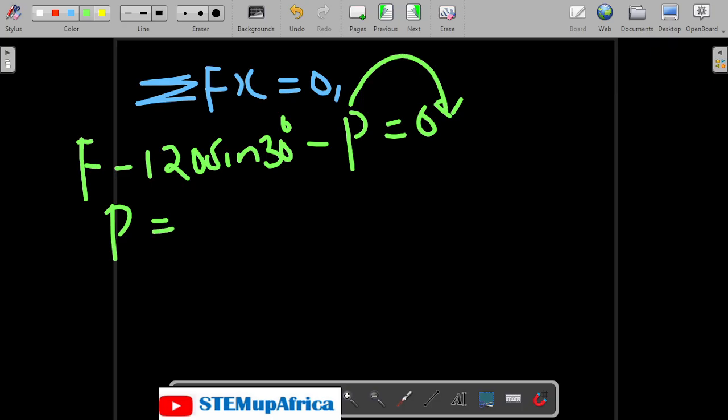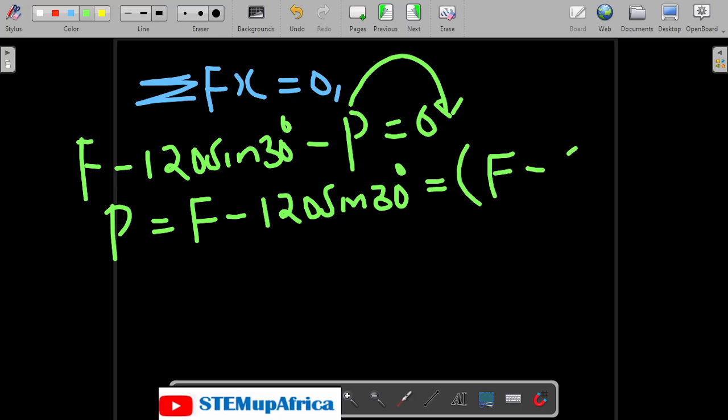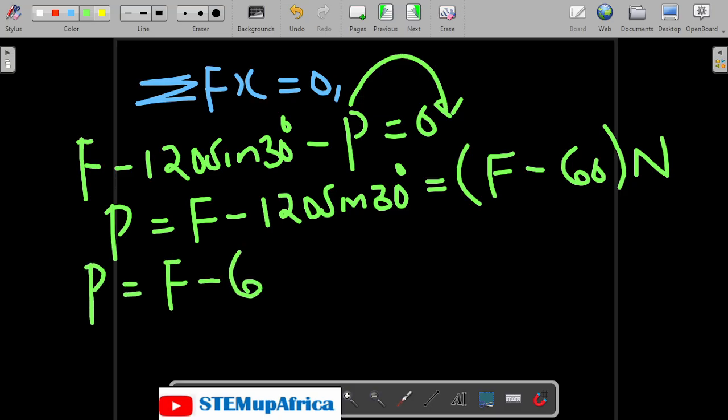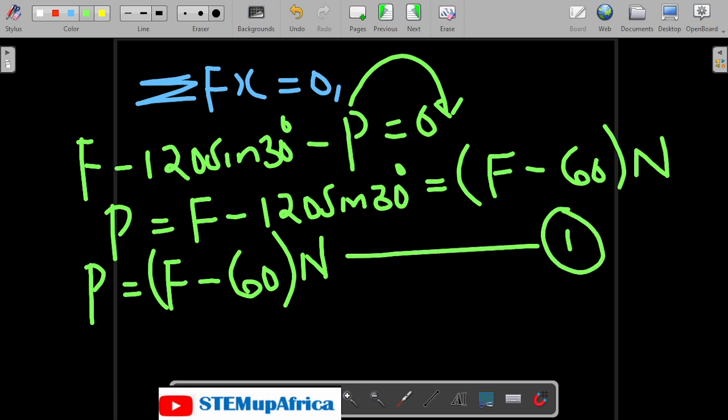My P will become F minus 120 sine 30 degrees, which can be written as F minus 60 Newton, since 120 sine 30 gives us 60. So P is F minus 60 Newton. Let's take that as equation 1.